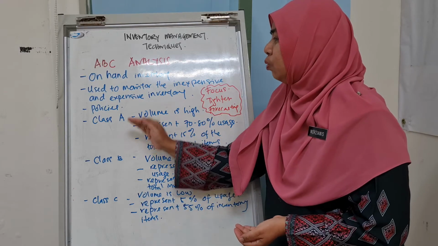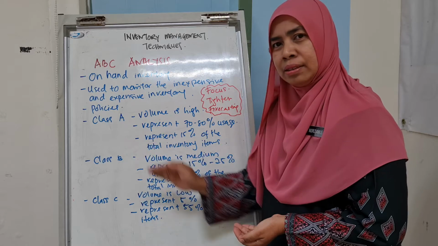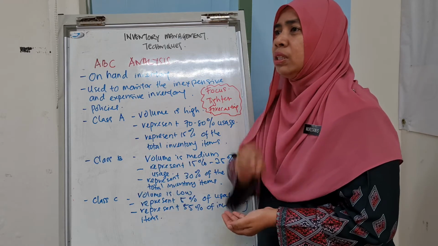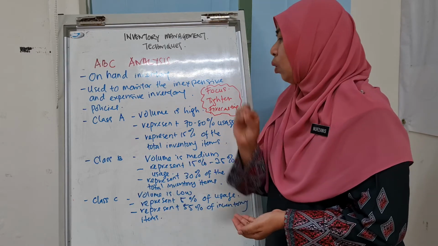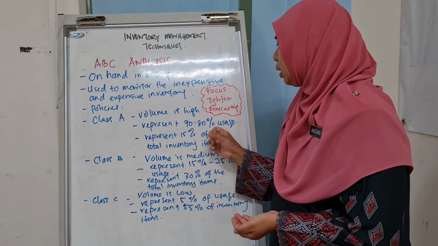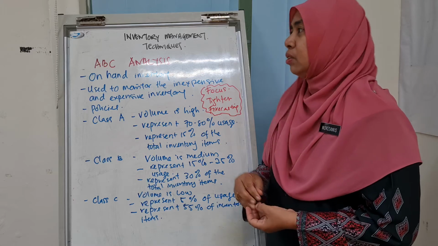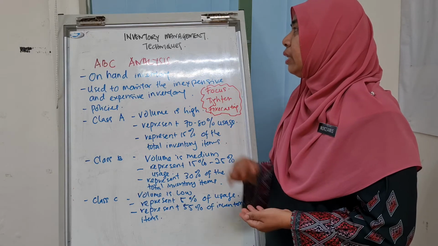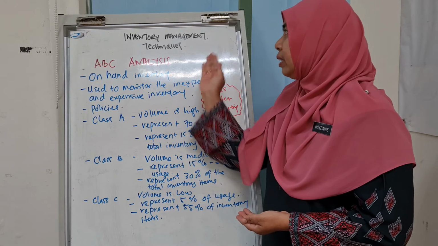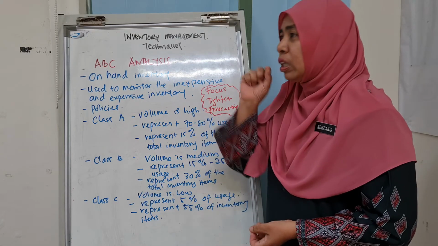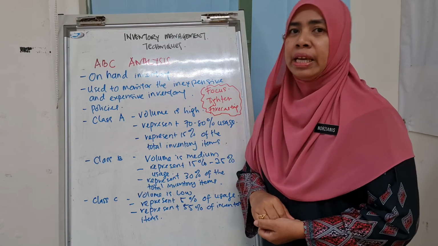Because you focus on class A, based on usage and also on the total inventory. So in this session we have learned about the inventory management technique, focusing on ABC analysis.